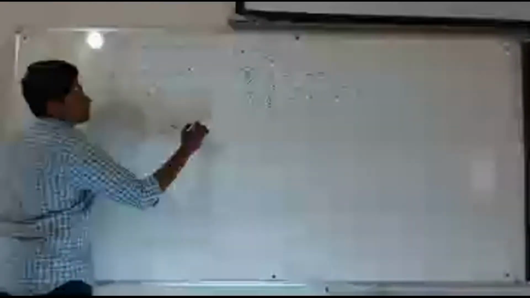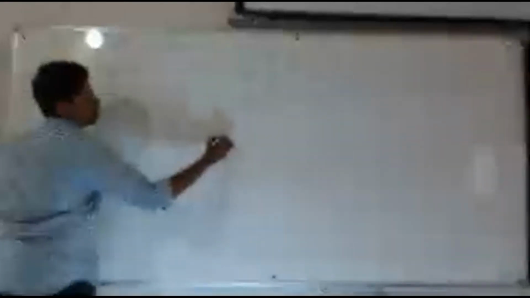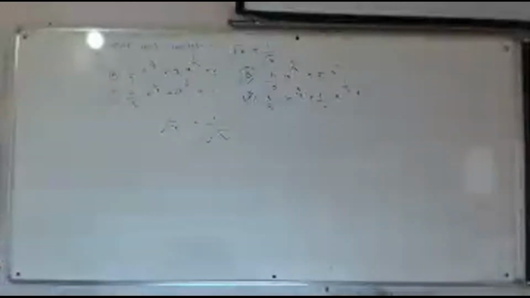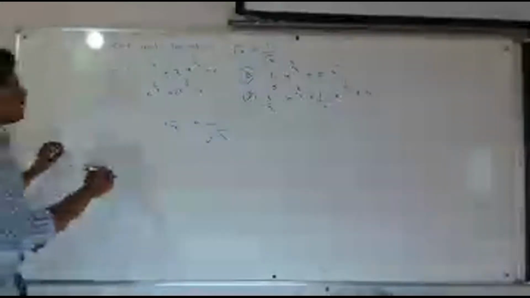See here, now let us solve this question and we will put the right option. Take the question here, root x plus 1 by root x. This we can write like this.